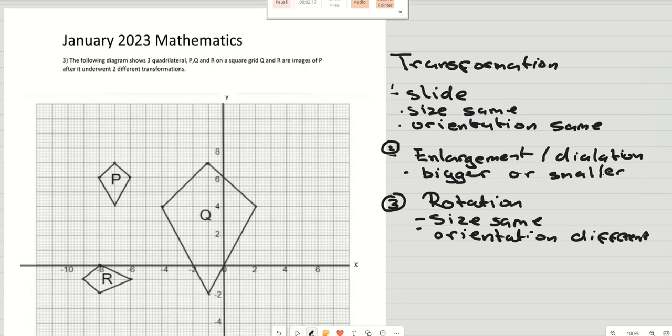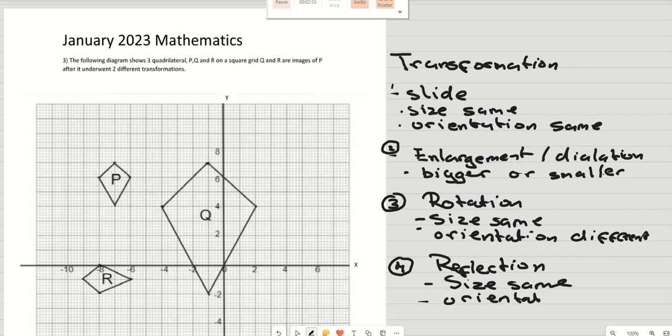The last one, right, is reflection. Again, the size is the same, but the orientation of it is opposite each other. It's flipped. The orientation is flipped, I should say.